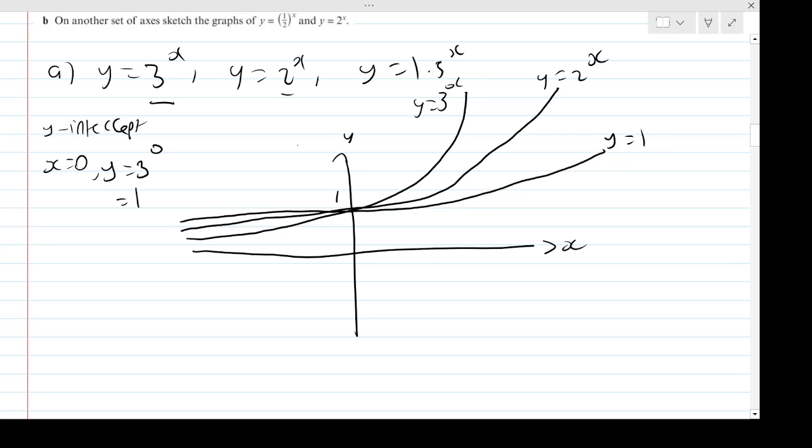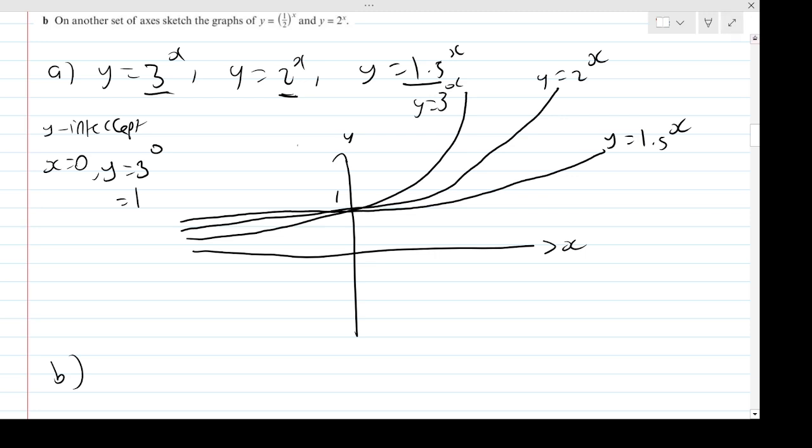So you can see it's a lot less steep, essentially. And so that'll be 1.5 to the x. Okay, and again it passes through 1. That's the key y-intercept there. Cool, so hopefully you get that. As the base increases, if we go from 1.5 to the x to 3 to the x, it becomes steeper because it's a bigger number, so it will just go up quicker.